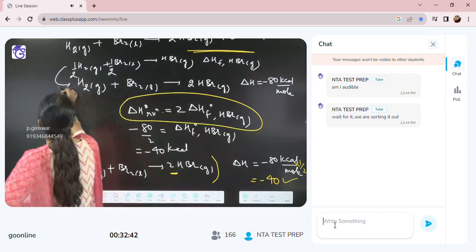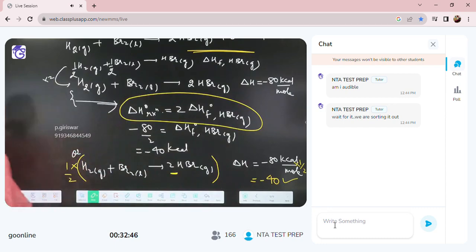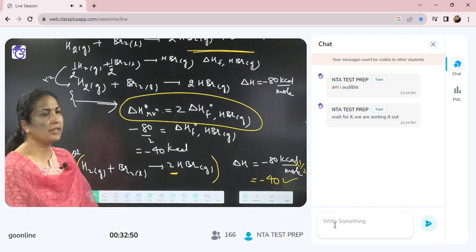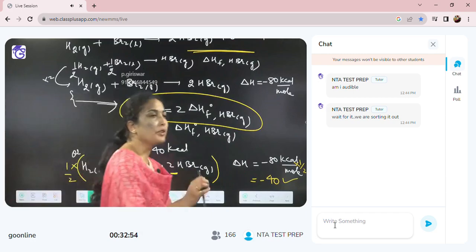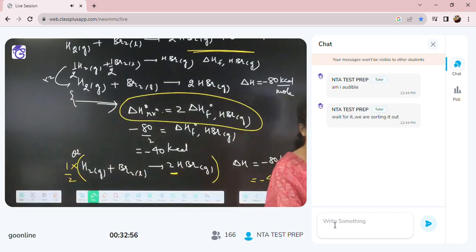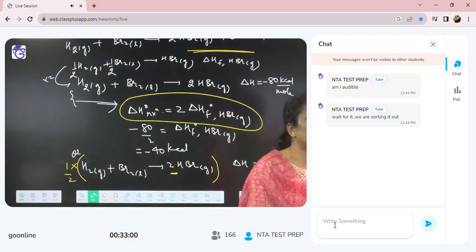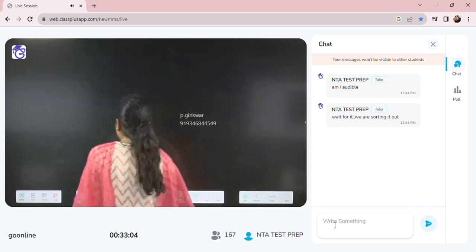If you multiply by 2, then only you will get the given reaction. Got it? Any method is fine, beta, till the time you are arriving at the correct answer. For solving a particular problem there could be more than one way. Whichever way, if it is fundamentally correct, there is no issue. Got it? So next question.